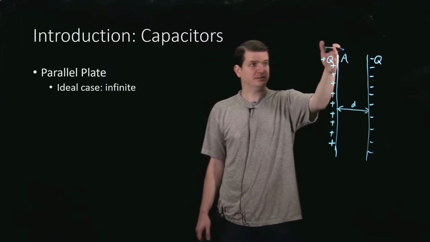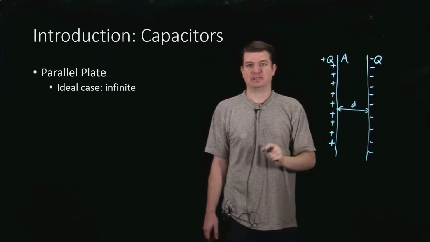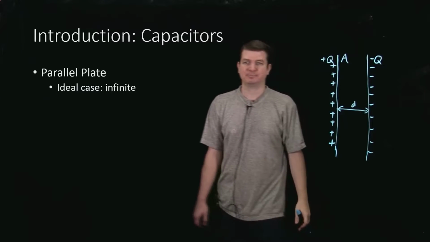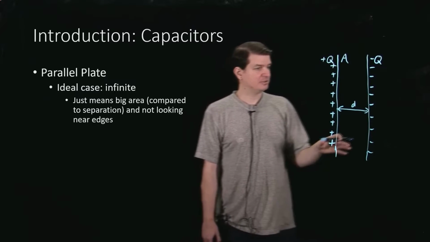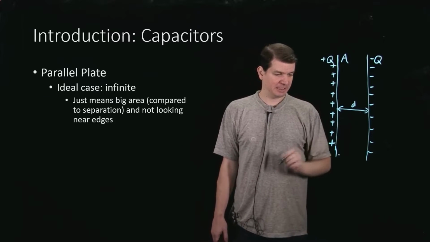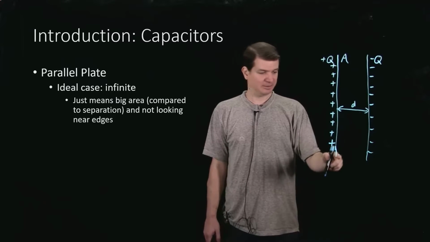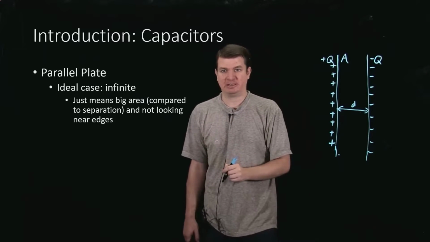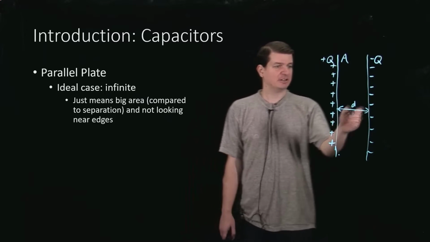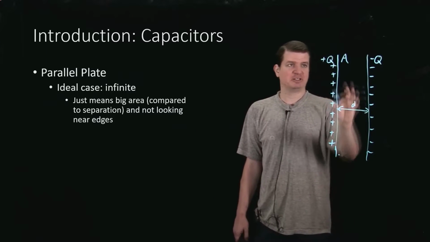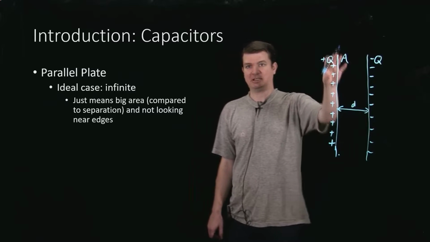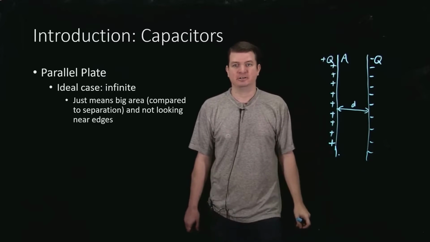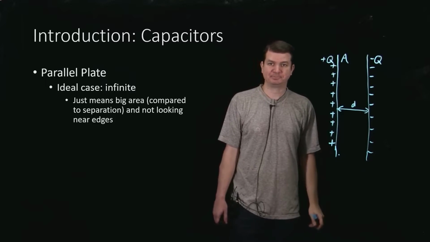Or really, I want the length of one side to be large compared to the separation. That's what we mean by infinite. You're never asking about right here, because no matter how big I make them, if I'm right there, I still have to worry about the edges. So we're looking in the center, for a small separation compared to a rather large side length and hence a rather large area for our parallel plate capacitors.